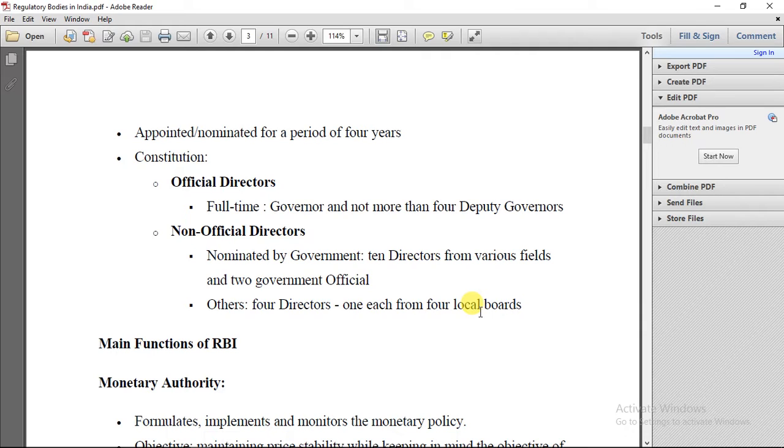And in case of non-official directors, they are nominated by the government, that is 10 directors from various fields and 2 government officials, and others include 4 directors, one each from 4 local boards. So this is the constitution of the Reserve Bank of India. So official directors and non-official directors.